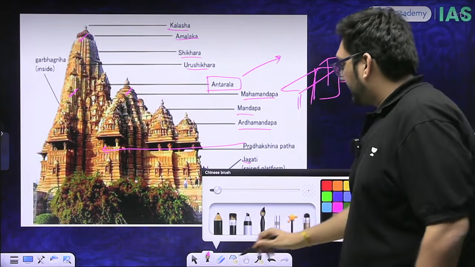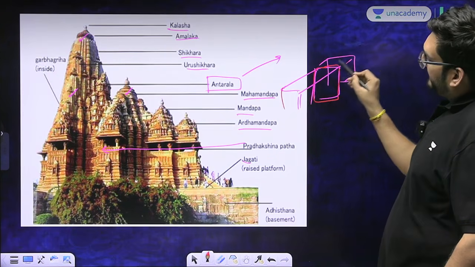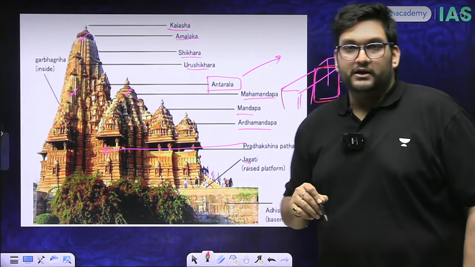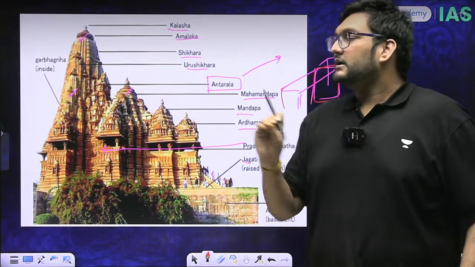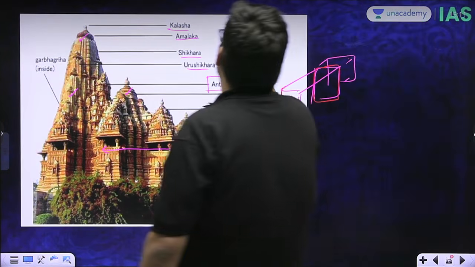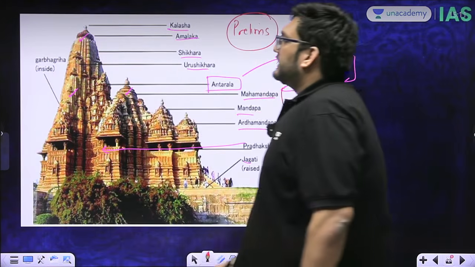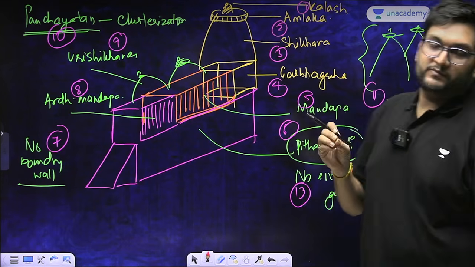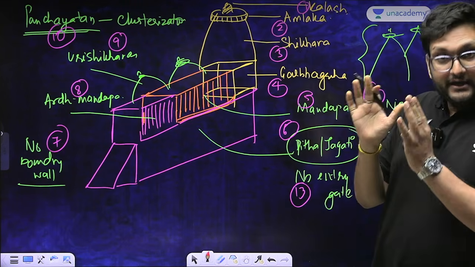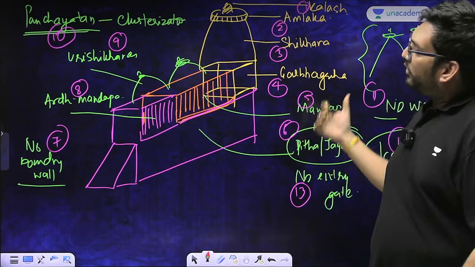So this point where the Mandap and the Garbhagriha meet is called the concept of Antarala or Antartala. These are the terminologies which you can expect in prelims. And if you're writing in the mains examination, you would be expected to make something like this in the corner. It is important that you make it in the corner, not in the middle, and also do all the legends as shown here.